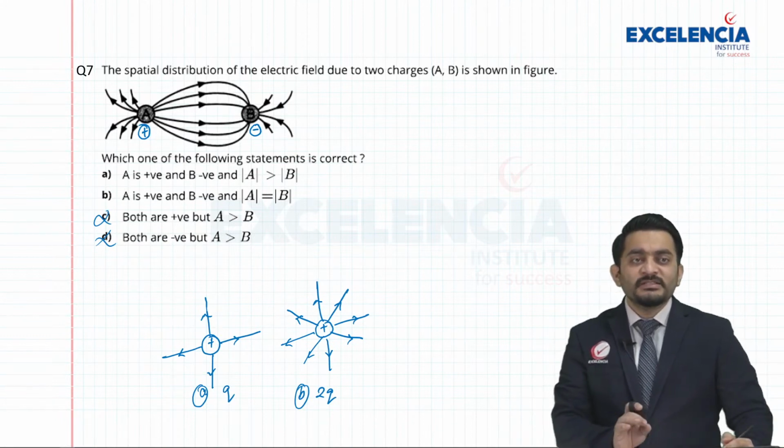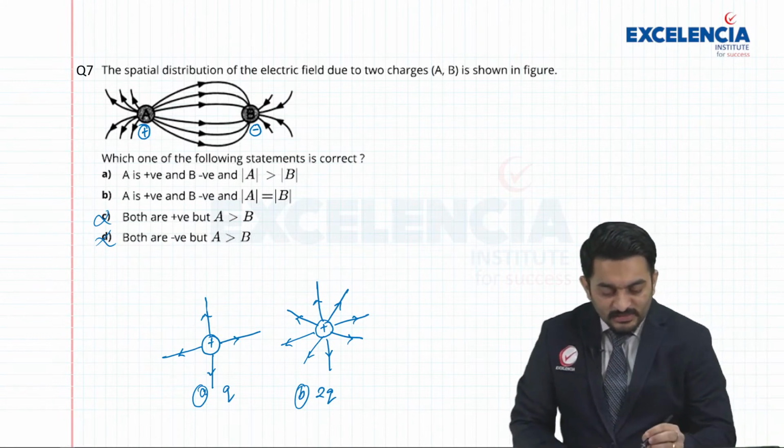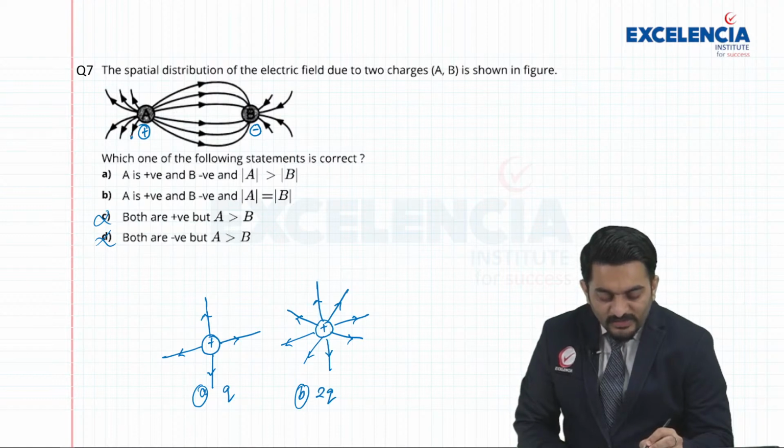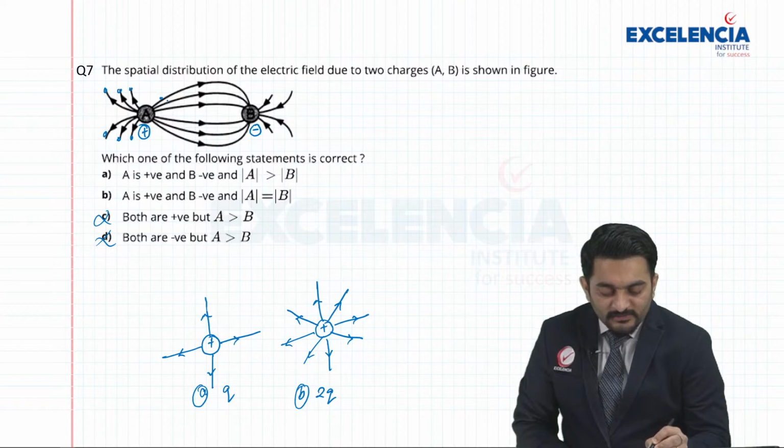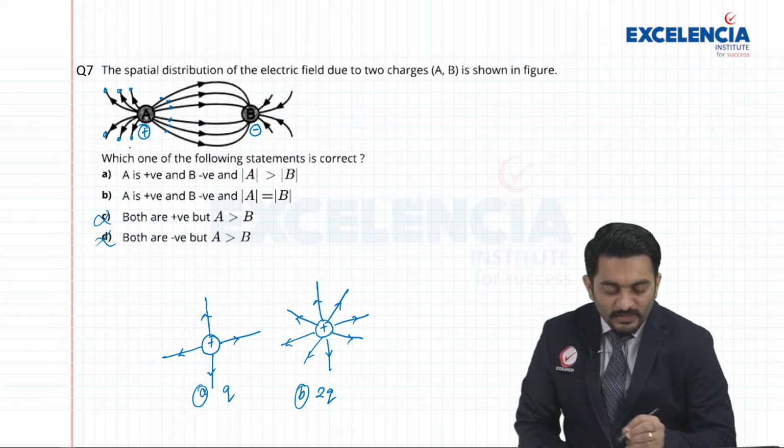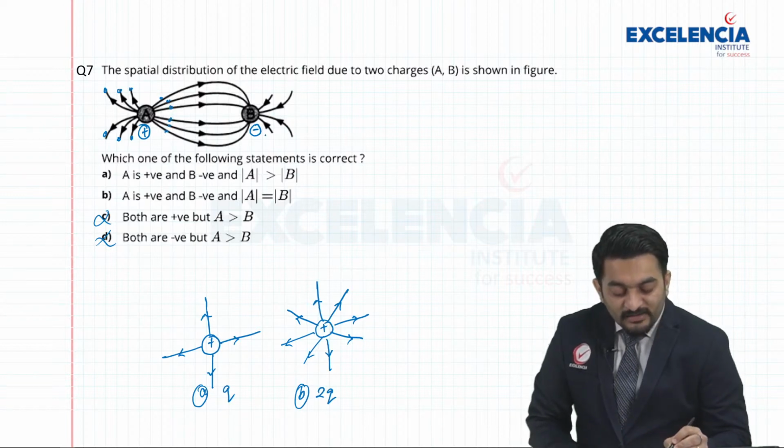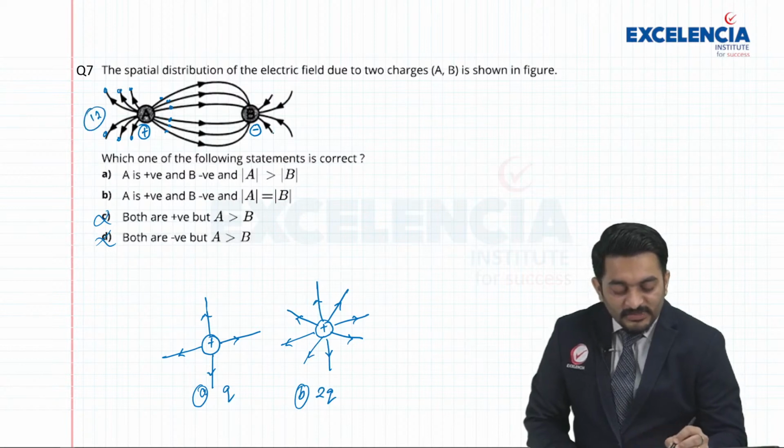So if you have to answer this question, what can you do, guys? I calculate my electric field lines for A: 1, 2, 3, 4, 5, 6, 7, 8, 9, 10, 11, 12. And for charge B: 1, 2, 3, 4, 5, 6, 7, 8, 9, 10.